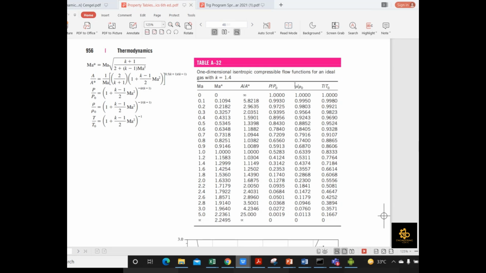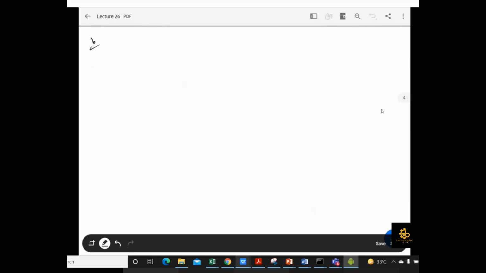This is the ratio, that is P exit over P naught, rho exit over rho naught, T exit over T naught, and area exit over area star, that is the critical area. So we can simply write down the values first.